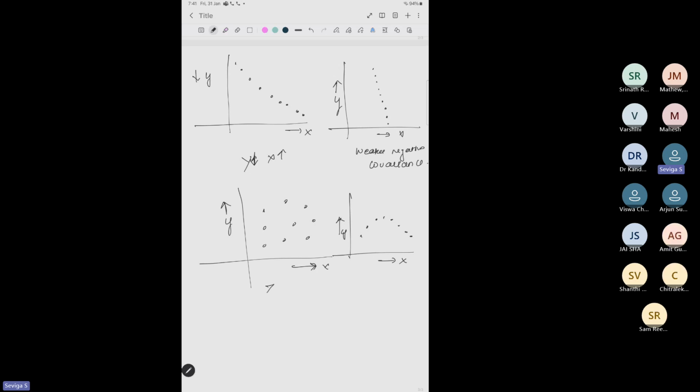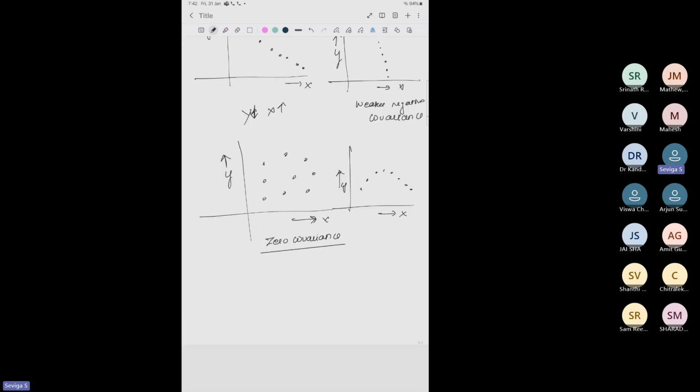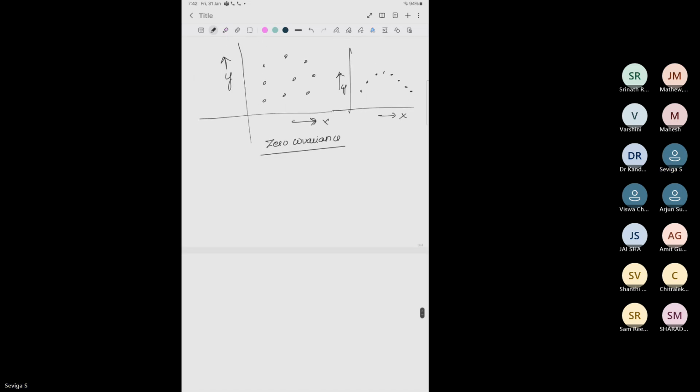So in this case, we call this zero covariance. When one variable is increasing or decreasing, the other variable is inconsistent in its pattern, in its direction or in the relationship. So we call it zero covariance. So Y is inconsistent in both magnitude as well as direction. Covariance essentially captures only the relationship between the variables.